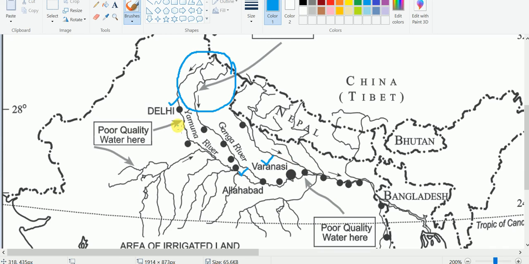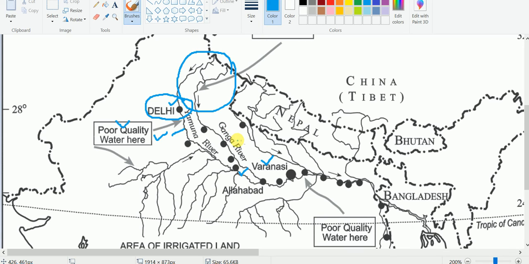Just see here. After flowing through the city of Delhi, the quality of the Yamuna river becomes poor. Poor quality water here after crossing Delhi. Likewise, the Ganga river also.